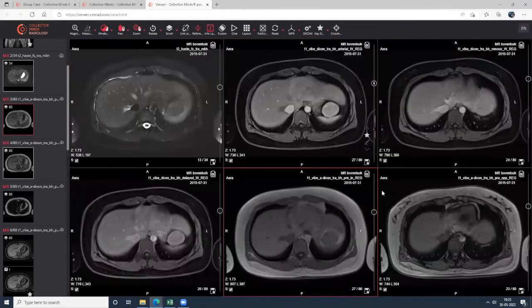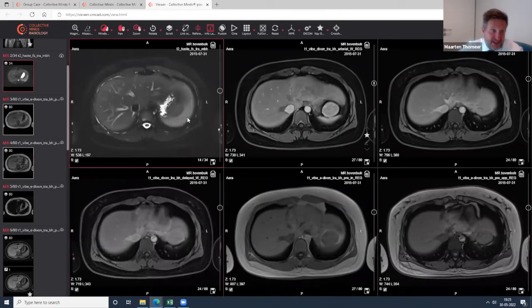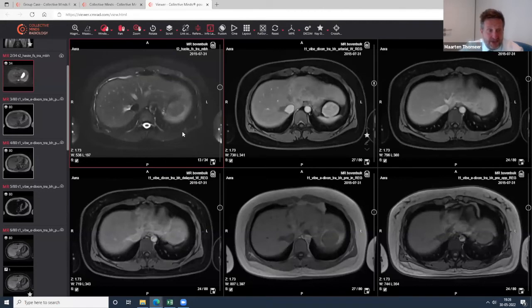There is no fat in the lesion on the opposed phase. It's hypervascular, there's no washout, and there seems to be some scar in it, but again I'm not sure. It's surely not an HCC. It's too homogeneous for that, but it can be an FNH as well as an adenoma.